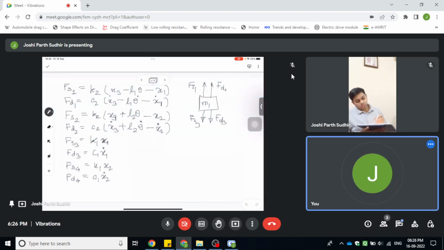So the equation of motion for the mass m1, we will apply Newton's second law.